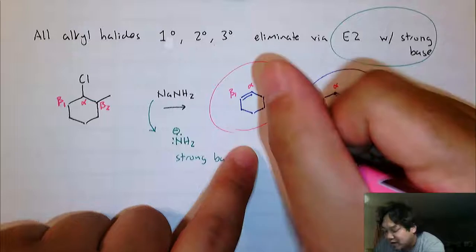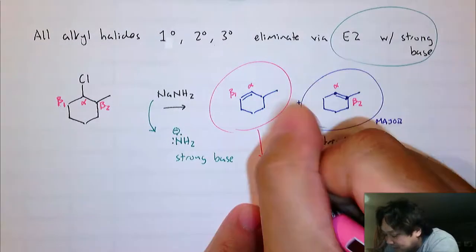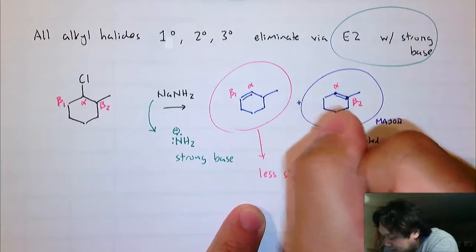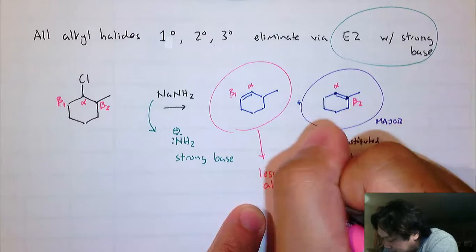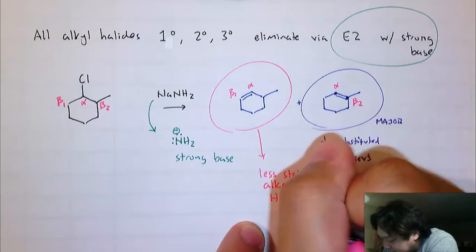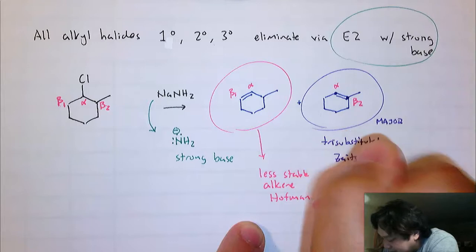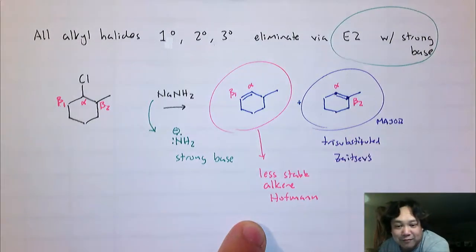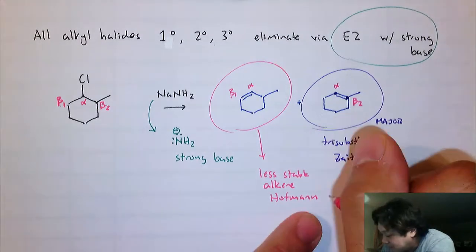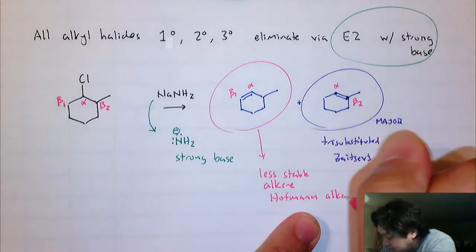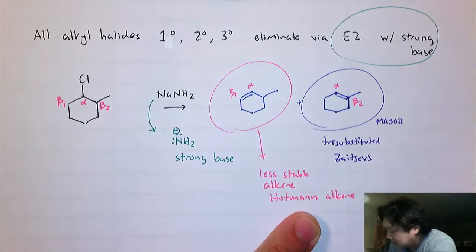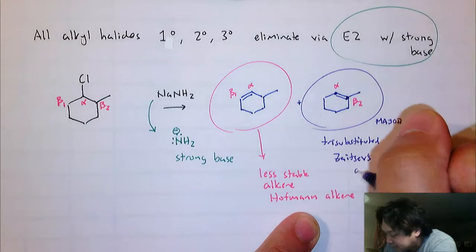This product, the less stable, has a name. It's called the Hofmann product. I gave it away. We are going to make the Hofmann product in just a bit, but this is called the Hofmann alkene, the less substituted. And we call this the Zaitsev product, or the Zaitsev alkene.